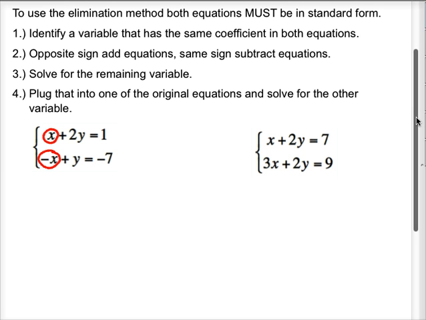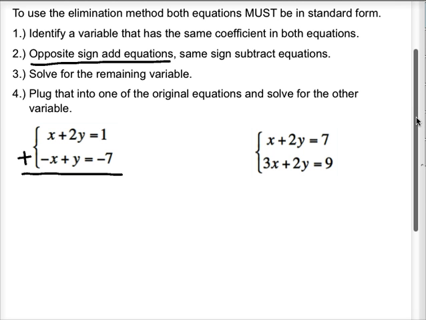Now what you're going to do, once you identify those x's, is add or subtract this entire equation from the other one. Now, here notice it is a 1 and a -1, x and negative x. When they have opposite signs, that means you're going to add the equations together.